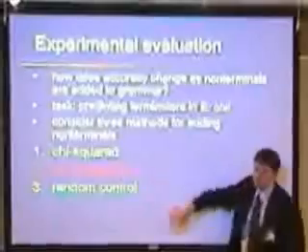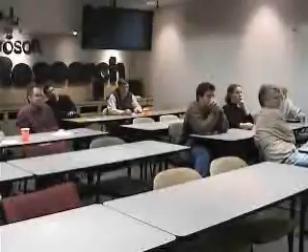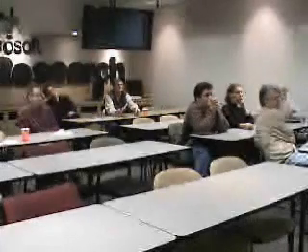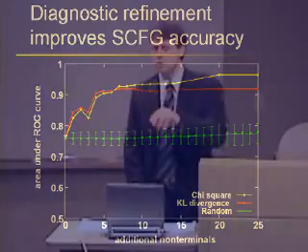We're going to look at 2 different ways to determine what the difference is. One is based on a chi-squared test on the counts, and another is based on the Kullback-Leibler divergence of the frequencies that we would get for each of these different contexts. And then we also have a random control that just randomly chooses where to refine the grammar by introducing new non-terminals.